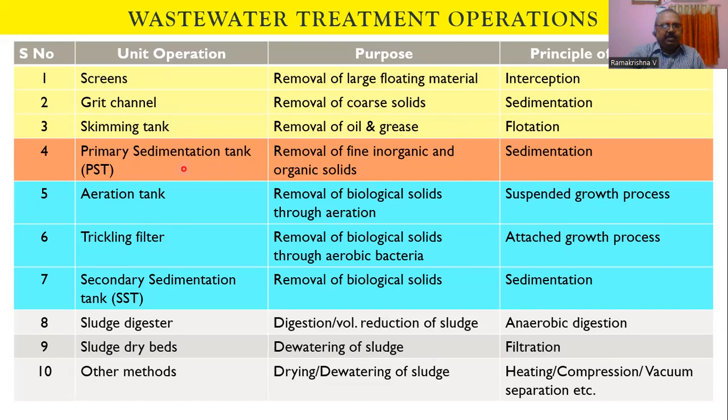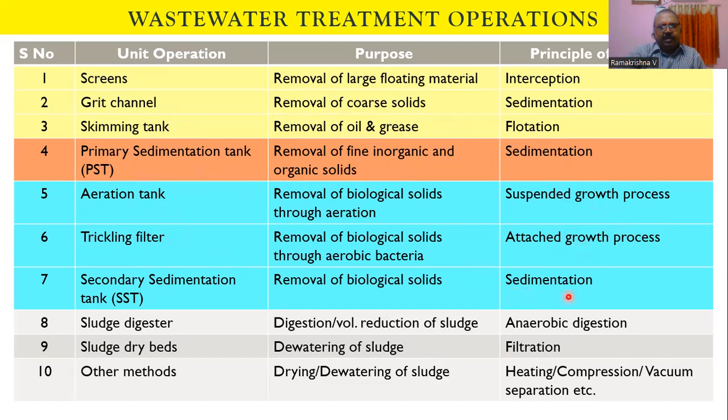Primary sedimentation tank, usually written as PST: removal of fine organic and inorganic solids by sedimentation, settling. The aeration tank, trickling filter, and secondary sedimentation tank are all part of the secondary biological treatment systems. In the aeration tank, we use a suspended growth process, and in the trickling filter, we go for an attached growth process.